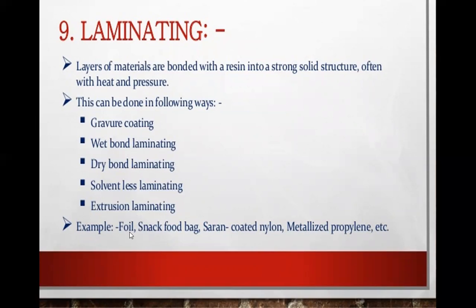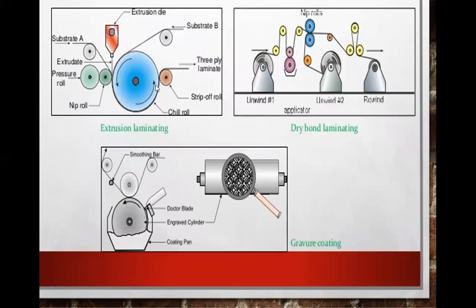Examples for this are foil, snack food bags, saran-coated nylon, metallized propellant, etc. So this is the applicator. This is a laminating machine.